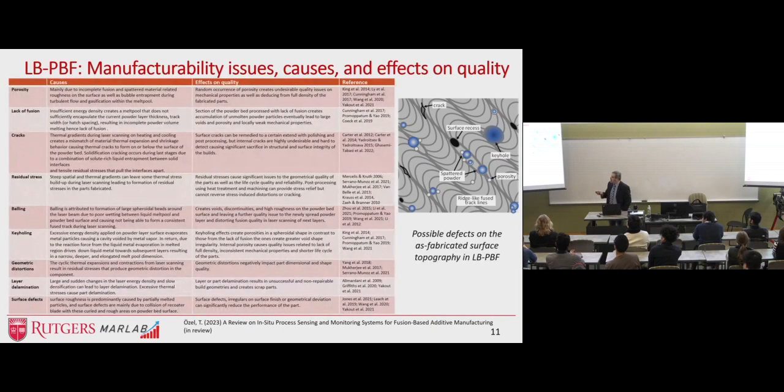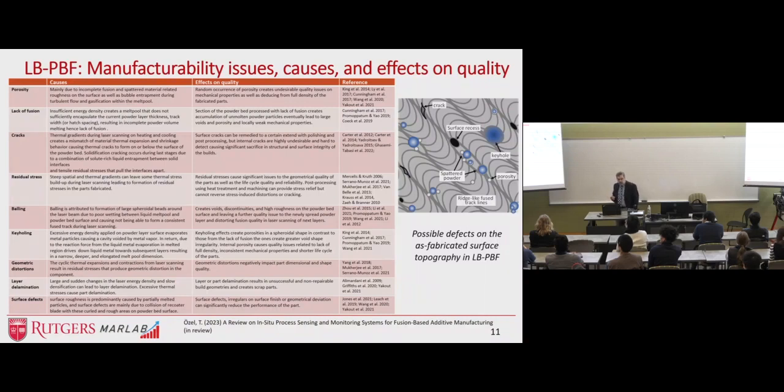And this is from our latest review paper. This is a very crowded slide, but you can see each of those defects, what their causes are, and what the effect on quality is. People have been studying those for the last decade, literally, trying to understand.